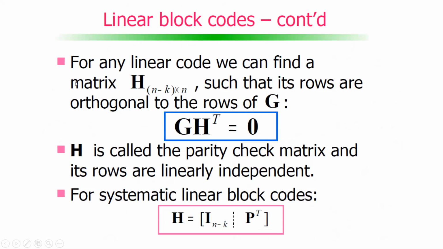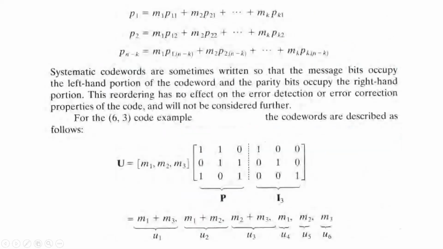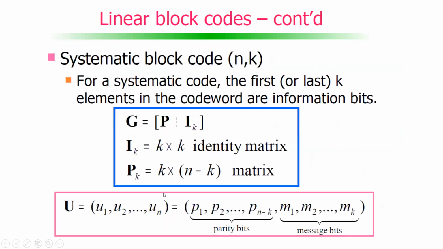Now this is an important concept. For any linear code, we can always find a matrix H with dimensions n minus k cross n. What are the dimensions of the generating matrix? As I have just explained, the generating matrix will be k cross n, so k rows and n columns.